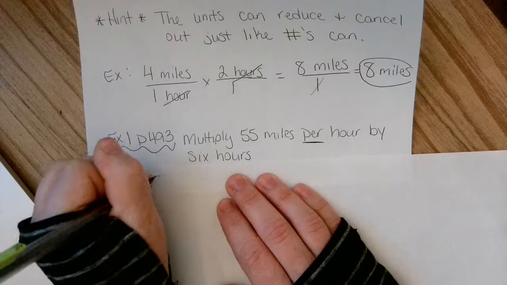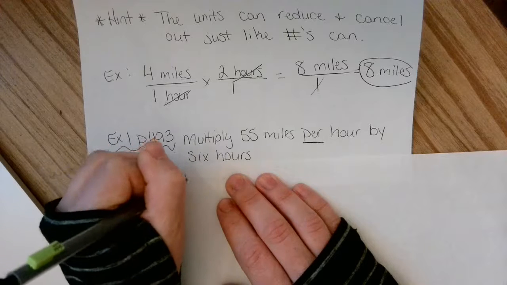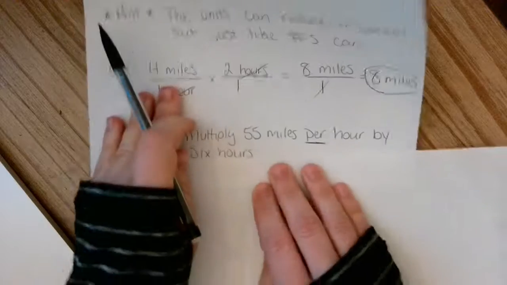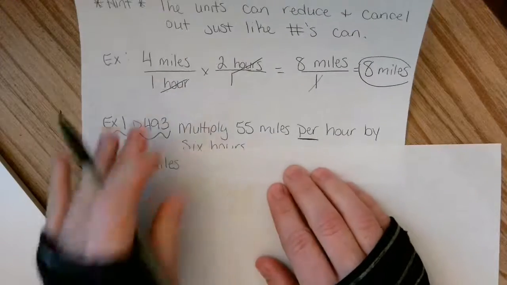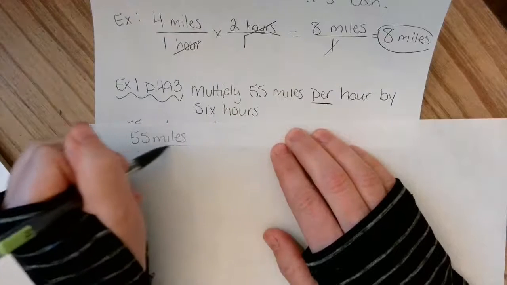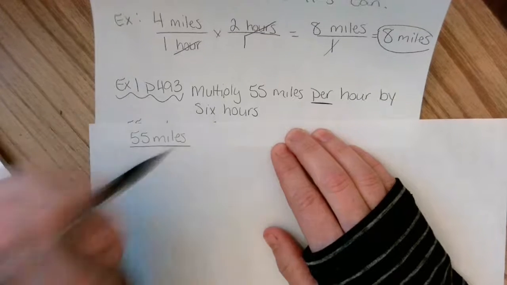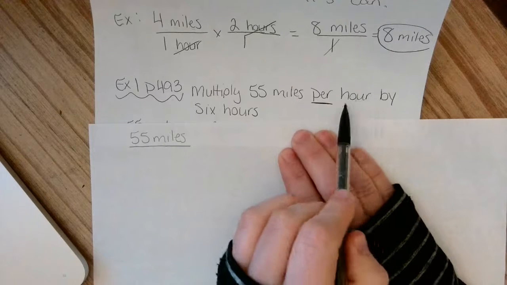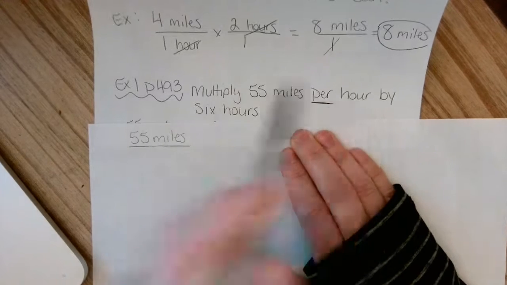So 55 miles, those go together because it's mentioned as the label. 55 miles per hour. So that means that per is a division line. So underneath 55 miles, I'm going to write 1 hour.